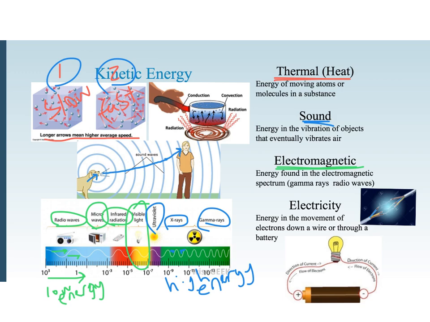Last but not least, we've got electricity. Electricity is a type of kinetic energy because it's the movement of electrons down a wire or through a battery. So you plug your phone in every day to get it charged.